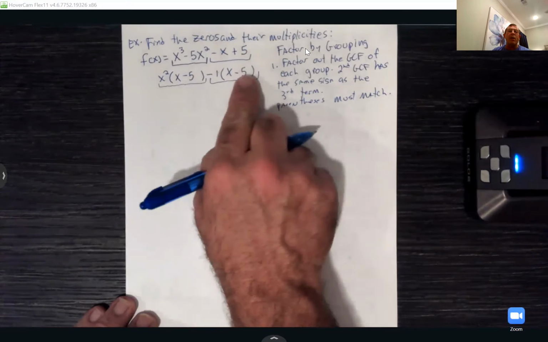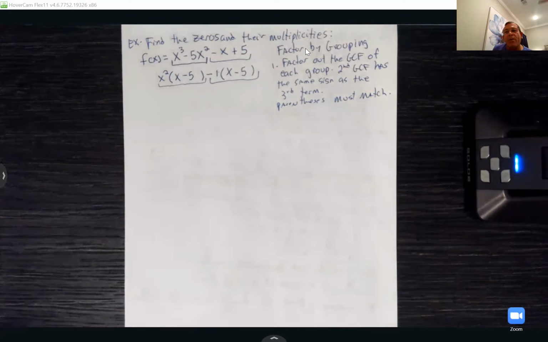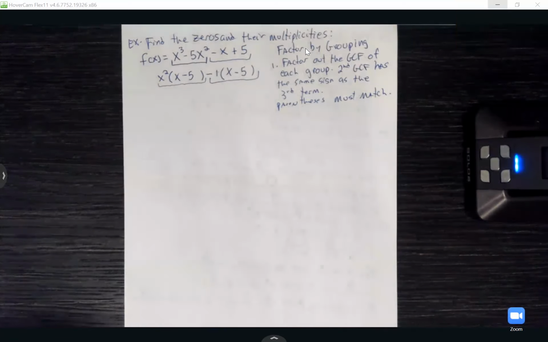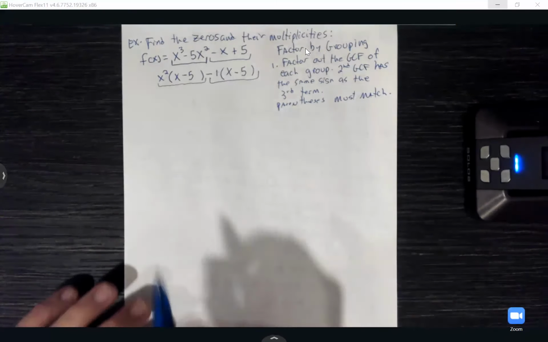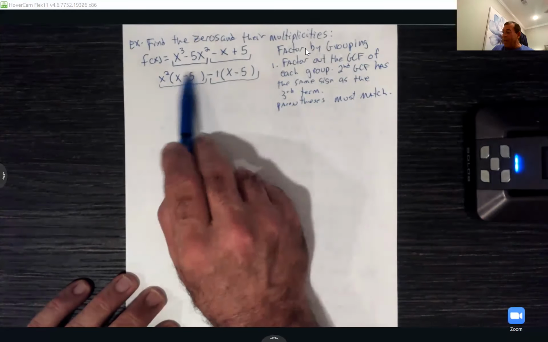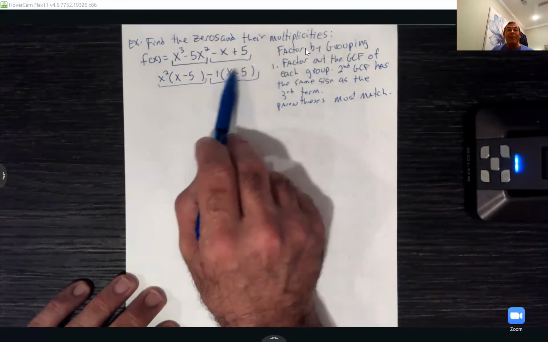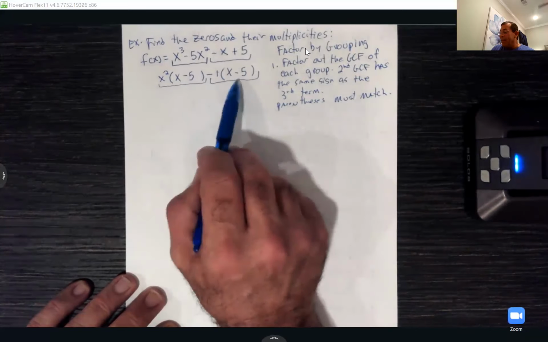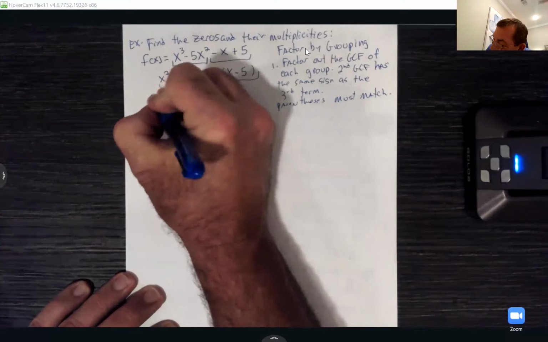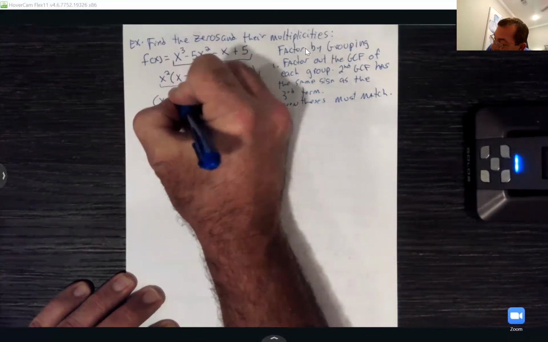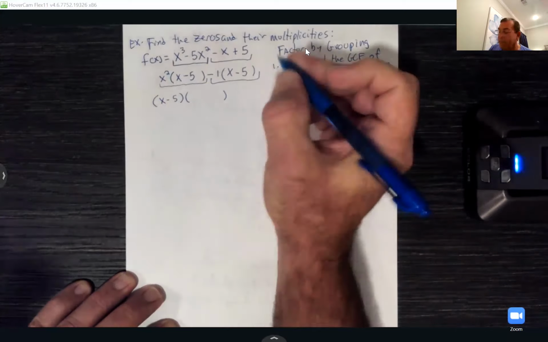Between these two terms, what is their greatest common factor? Think about this. What matches for both of those? Well, how about the whole thing, the x minus 5? Since both of these have the same factor of x minus 5, we're going to factor out that x minus 5 like we would a GCF.